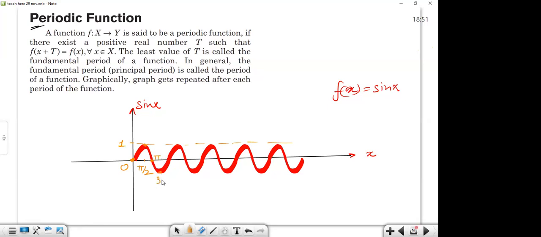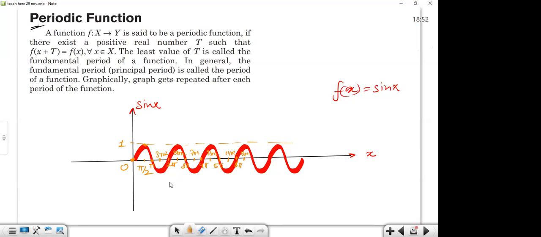I should write pi here and 3 pi by 2 here, and this is 2 pi, this is 5 pi by 2, this is 3 pi, this is 7 pi by 2, this is 4 pi, this is 9 pi by 2, this is 5 pi, this is 11 pi by 2, this is 6 pi, this is 13 pi by 2.